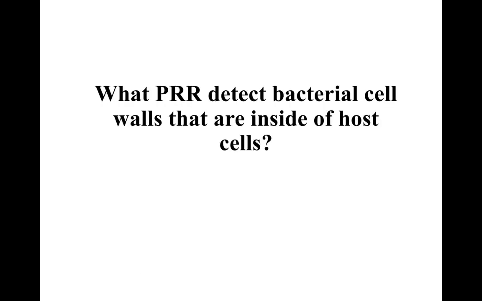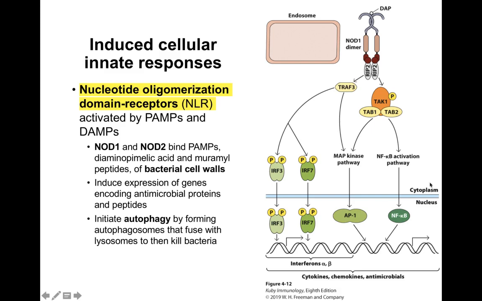What pattern recognition receptor detects bacterial cell walls that are inside of a host cell? So these are the NLRs, or nucleotide oligomerization domain receptors. So this is inside of a host cell. It can detect bacterial cell walls.